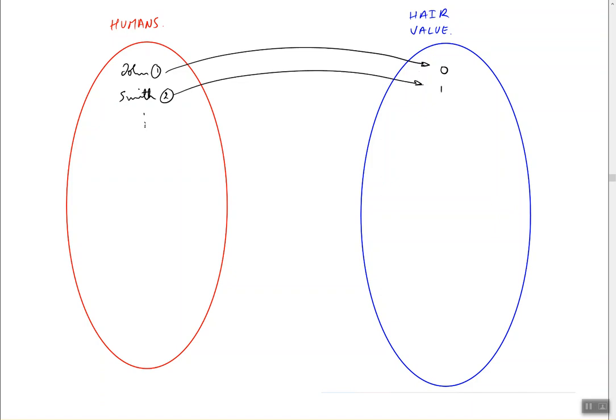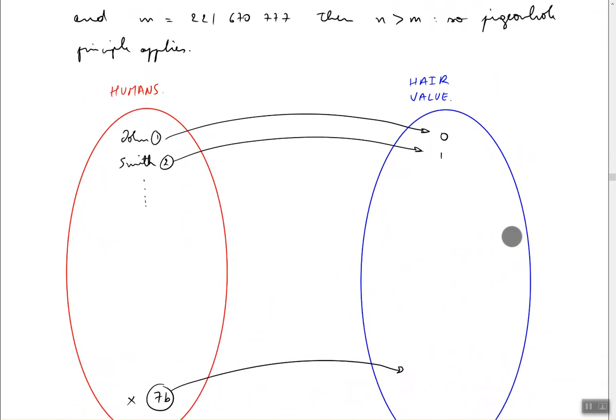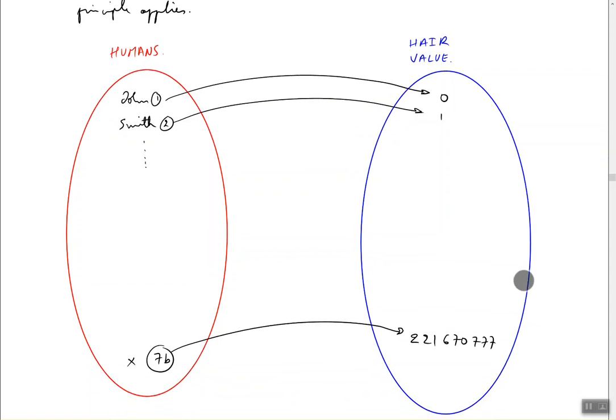So we can make a list of all the people, and eventually there's going to be the 7 billionth person, whatever that person is, person X. And let's say that person is going to have the maximum number of hairs in this case, which is 221,670,777. But can that ever happen?